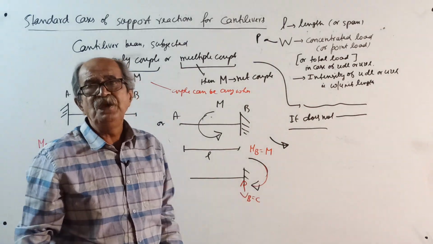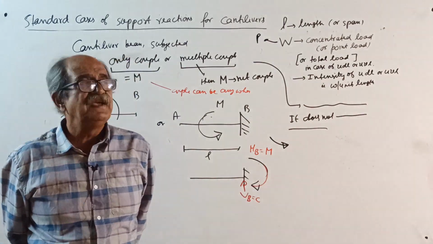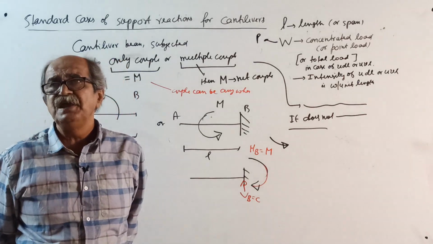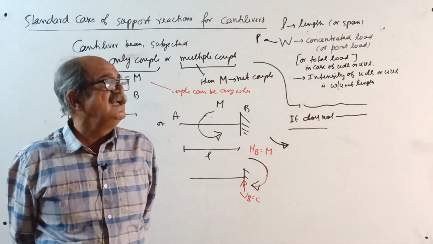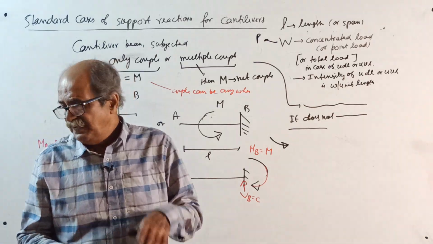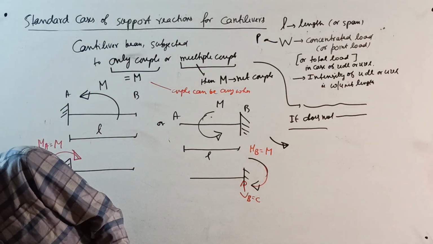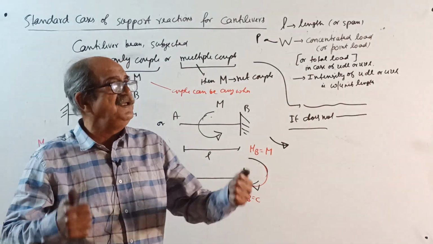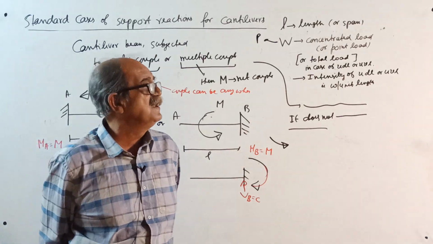So what you have to do is thoroughly practice standard cases, and from next class onwards, whatever question I give, you take a book and correctly solve, get the answer, and when I finish this one and go to part 3, by that time you should tell, now I am expert in finding support reaction.